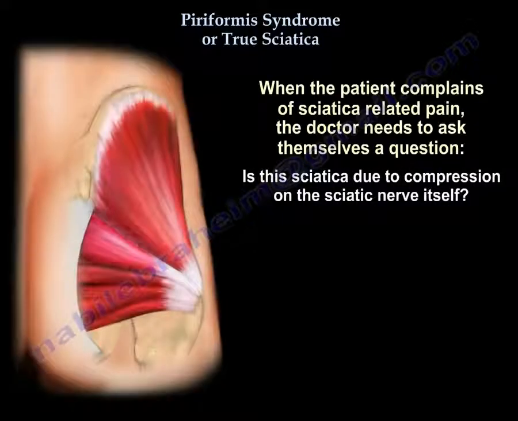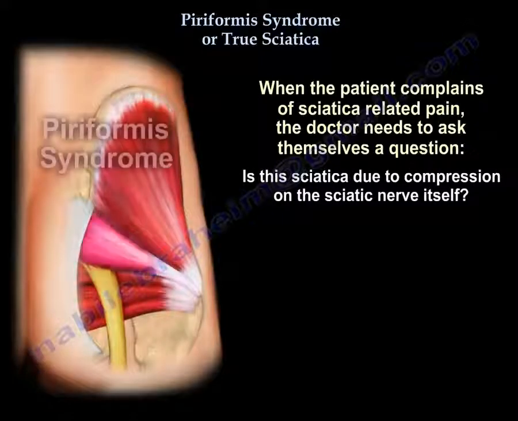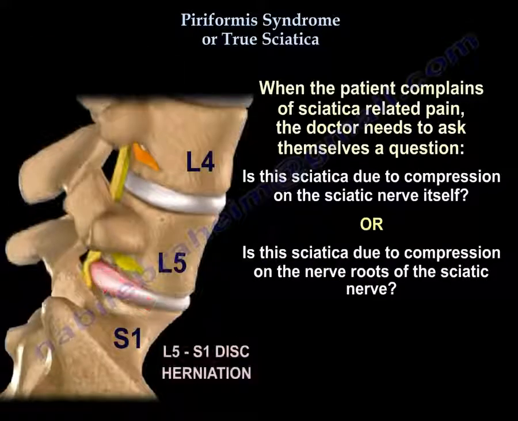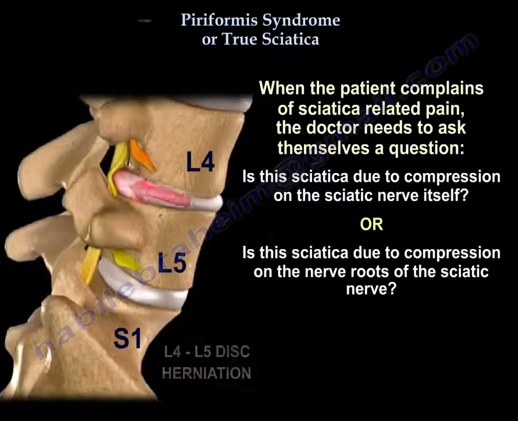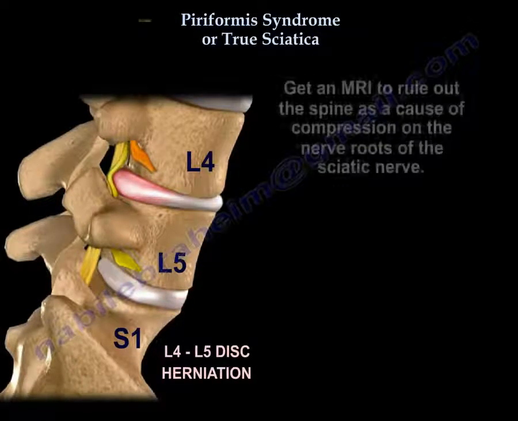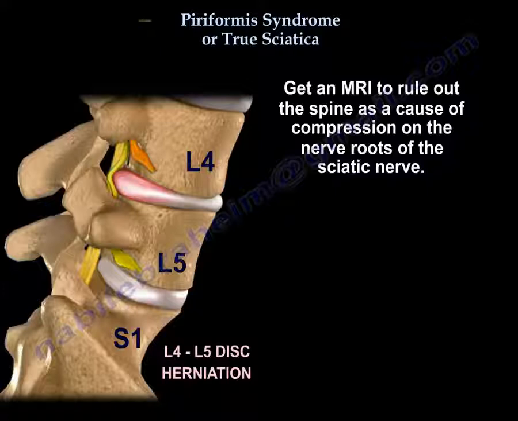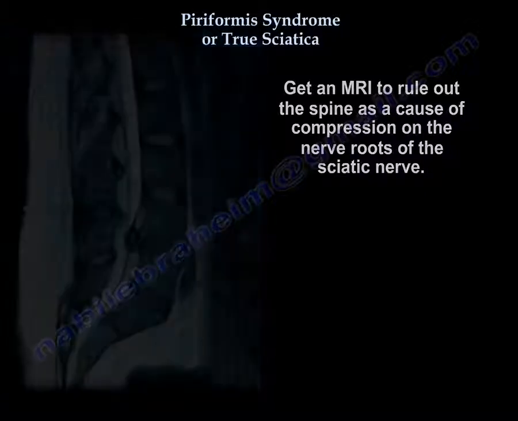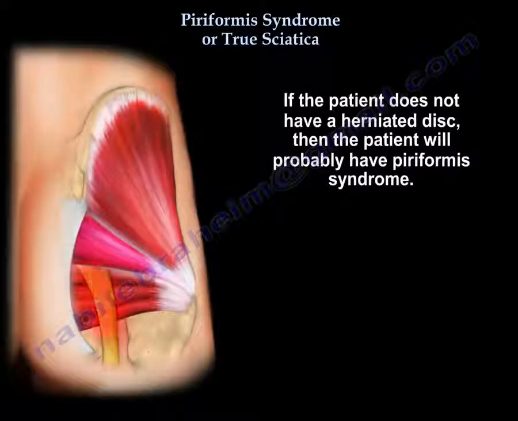Is this sciatica due to compression on the sciatic nerve itself, or is it due to compression on the nerve roots of the sciatic nerve? So you will get an MRI to rule out the spine as a cause of compression on the nerve roots of the sciatic nerve. And if the patient does not have a herniated disc, then the patient will probably have piriformis syndrome.